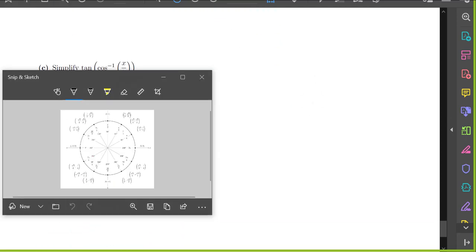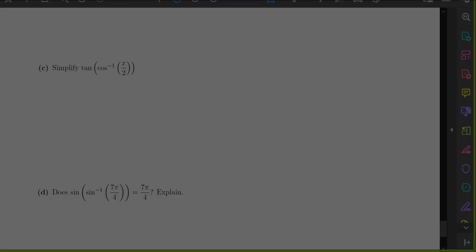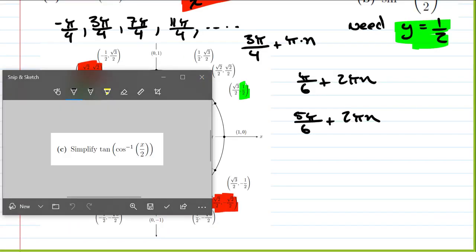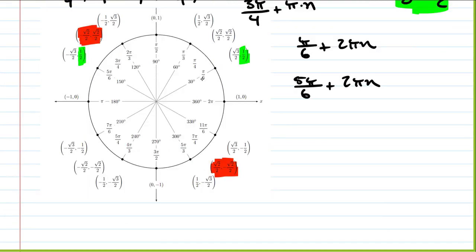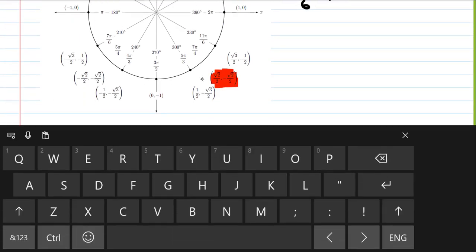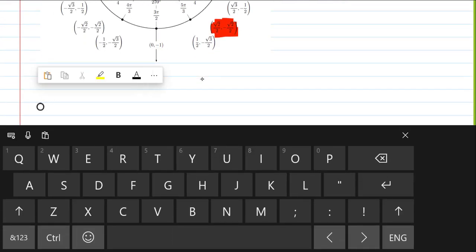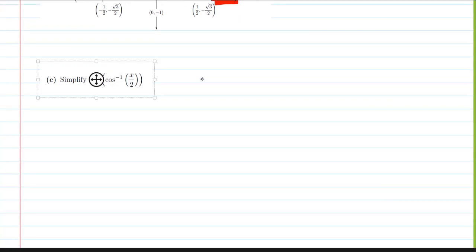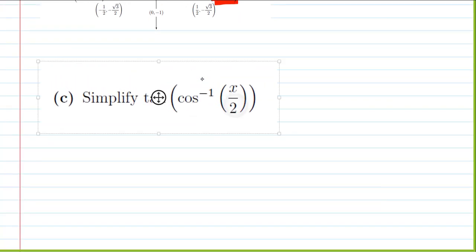So then our next one wants us to simplify the following expression. So we have the tangent of the cosine inverse of x over 2.